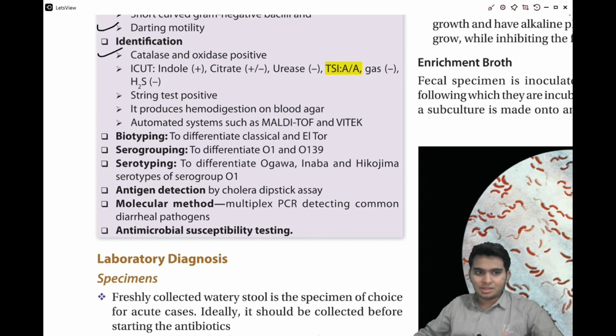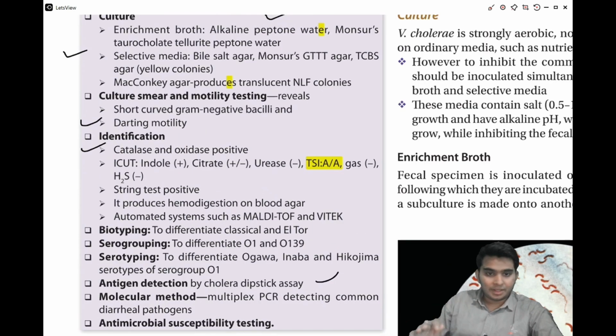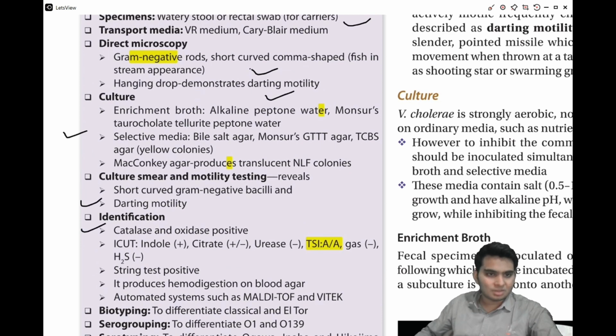Antigen detection is done by the cholera dipstick assay. Molecular methods are used such as multiplex PCR detecting common diarrheal pathogens, and antimicrobial susceptibility testing is also done. So now we will also discuss some of the tests in detail. But for the MCQ or entrance examination, this table is I think sufficient to crack the question.